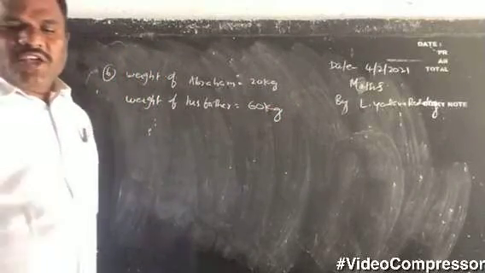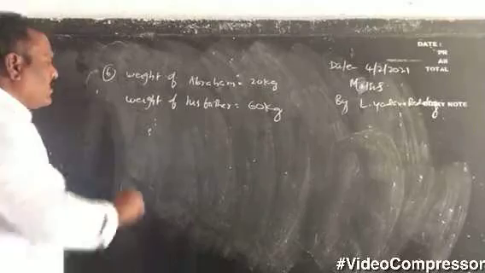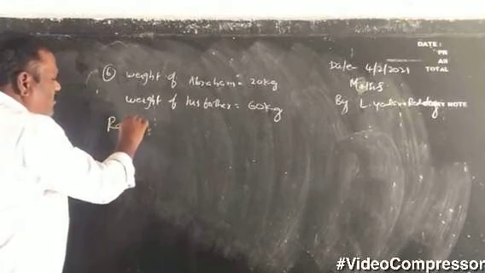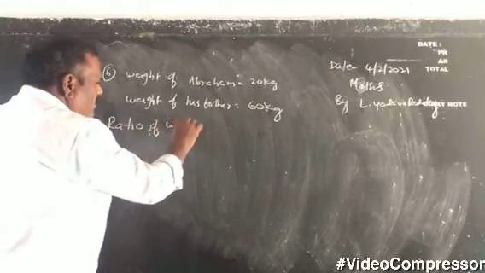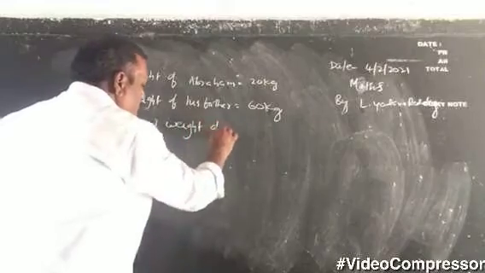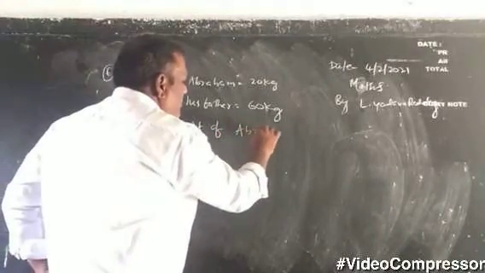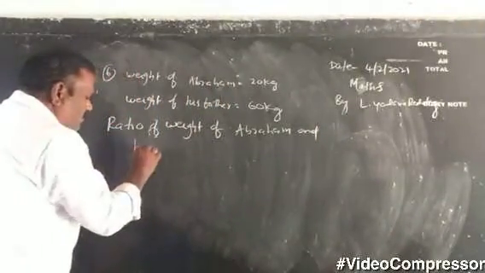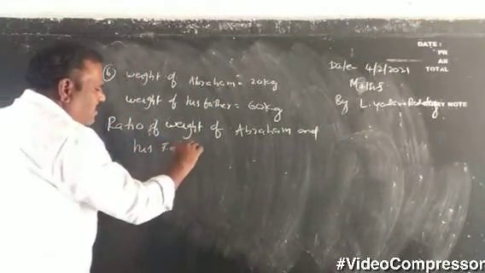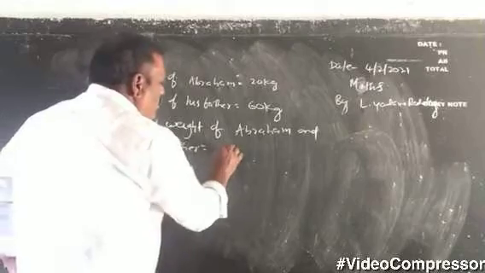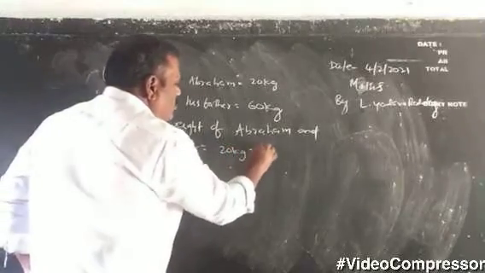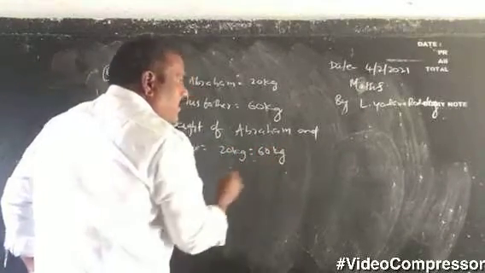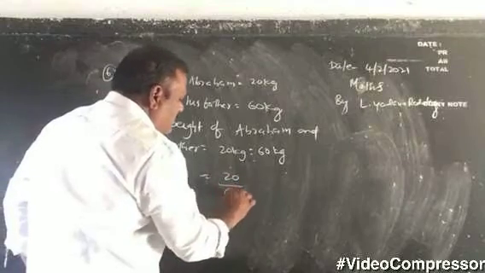Now what is the ratio of weight of Abraham and his father? Ratio of weight of Abraham and his father equals 20 kg is to 60 kg. That implies 20 by 60, children.